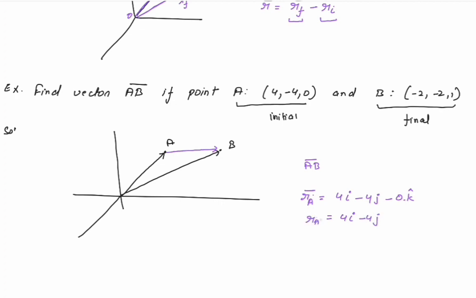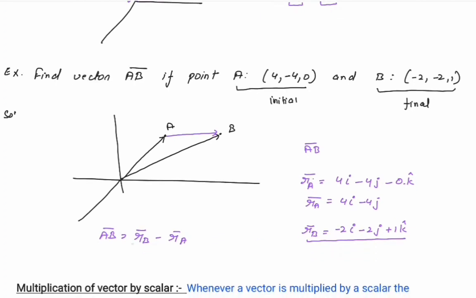This is the position vector of point A. Similarly, find the position vector of point B: minus 2i cap minus 2j cap plus 1k cap. This is the position vector of B. How to find the displacement vector AB? Final minus initial, meaning position vector of B minus position vector of A. You will easily find the vector.